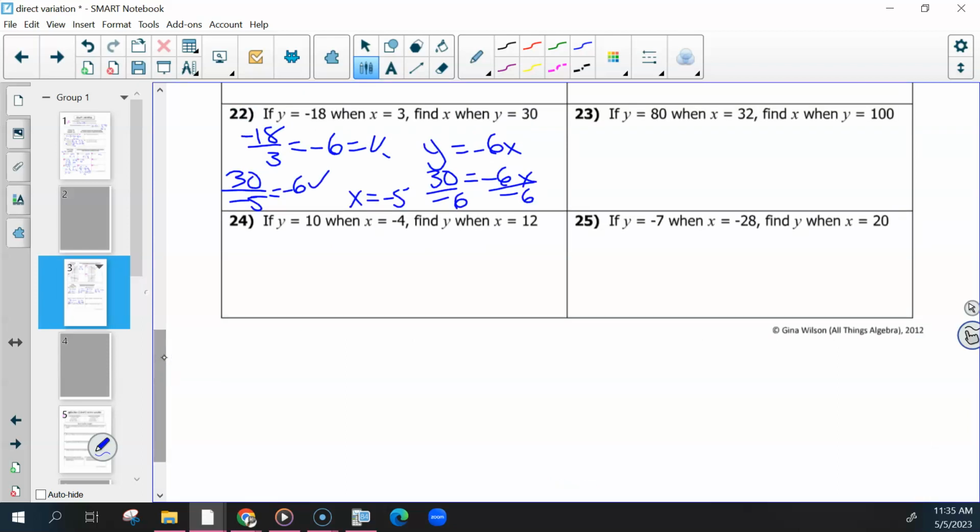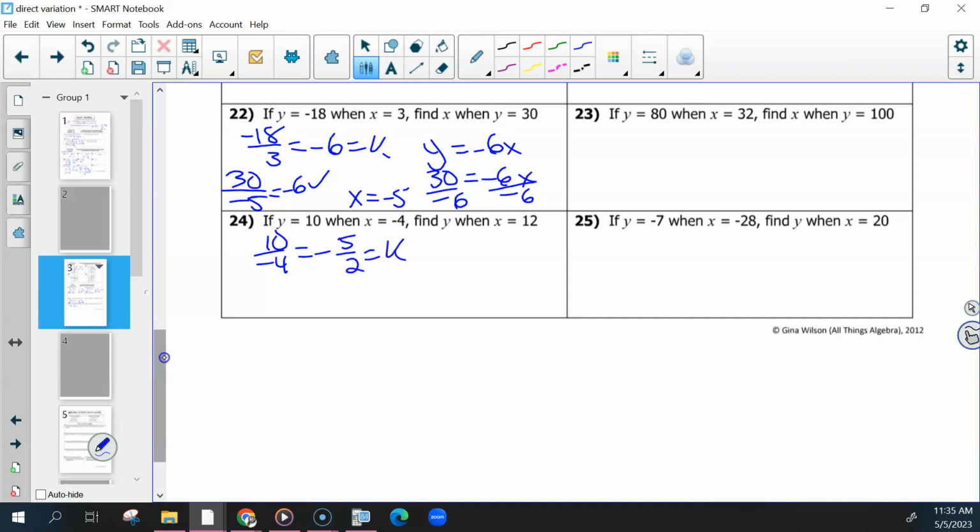And then let's do one where we have to find y, so 24. And divide. We're going to get fractions or decimals. What would that be? -5/2.